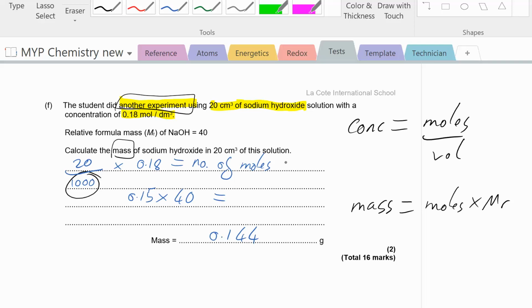That gives you the number of moles, which is 0.15. And then the second equation, the MR of NaOH, it tells you is 40, and this equals 0.144.